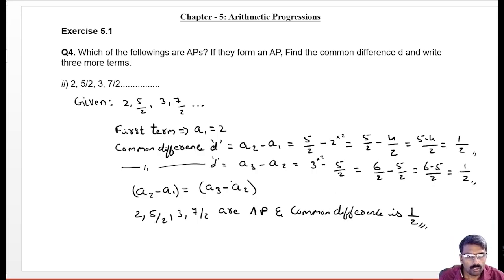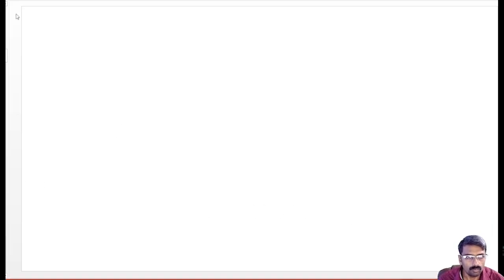So the next part of the answer is to find out the next three terms. We know that we already have 4 terms here, which are given: 2 comma 5 by 2 comma 3 comma 7 by 2. So we need to find the fifth term.